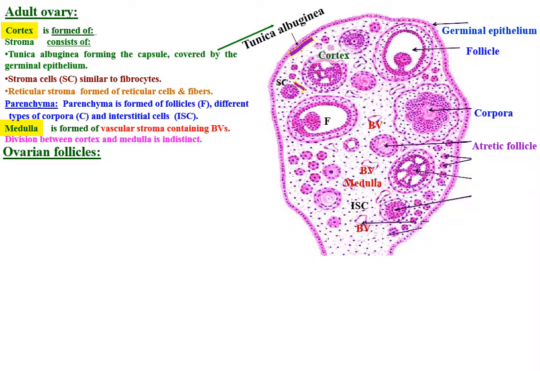containing blood vessels. The division between cortex and medulla is indistinct. Ovarian follicles are located in the cortex and consist of immature ova surrounded by one or more layers of follicular cells.